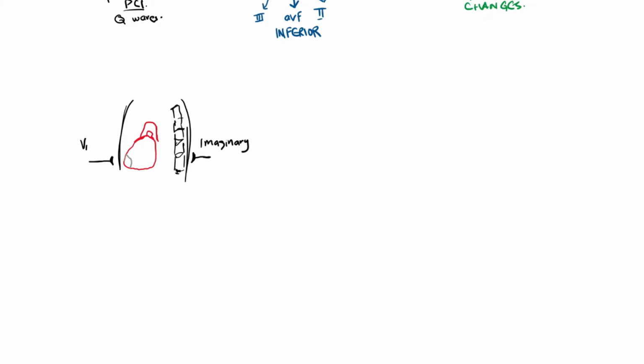This concept is very important later on. So let's say you have an infarct happening over here. What V1 is going to show you at this point is ST segment elevation. And the imaginary lead, which is basically a mirror image of lead V1, is going to show you ST segment depression. Again, this is simple reciprocal changes, but this is very important in understanding a posterior STEMI later on.